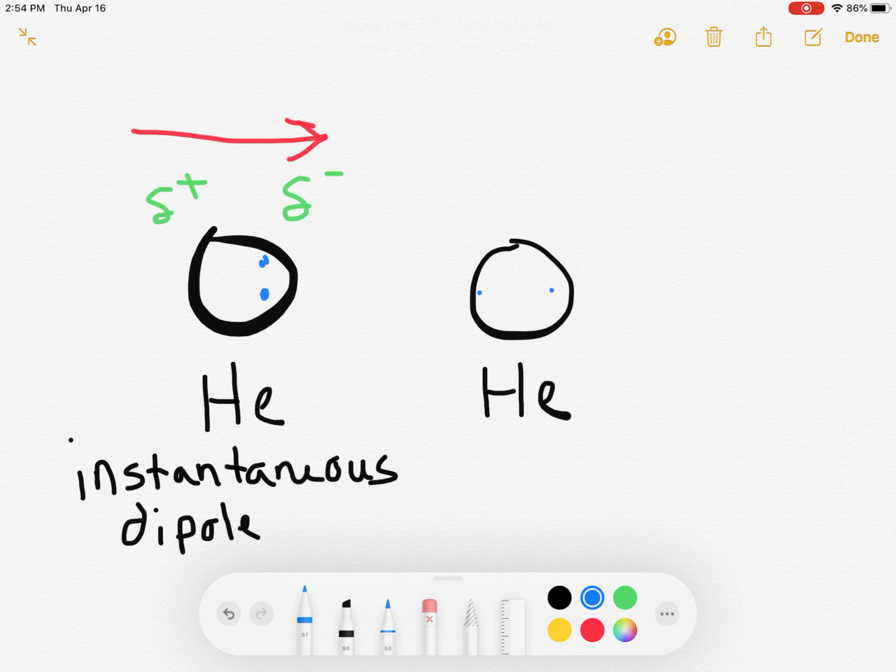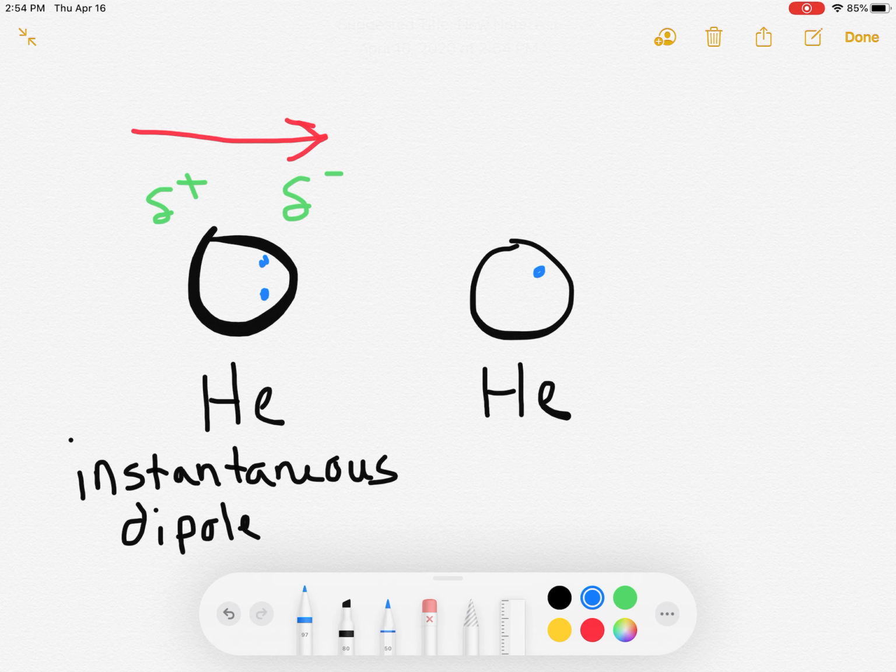Okay, so when this atom comes along, and it has its electrons on the opposite side of the atom, as it gets closer to the atom with our instantaneous dipole, this partial negative side will repel. So this partially negative side repels these electrons right here to go to the other side of the atom.